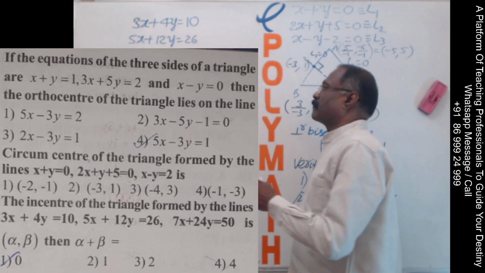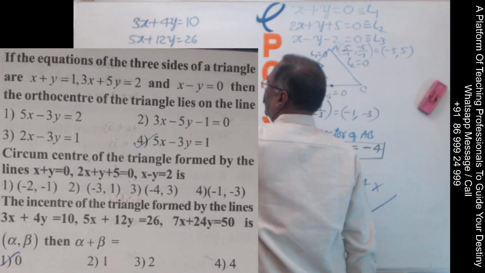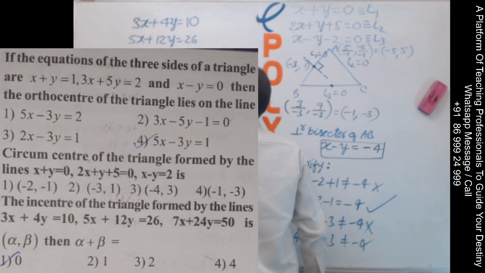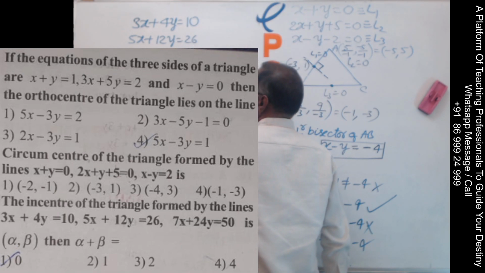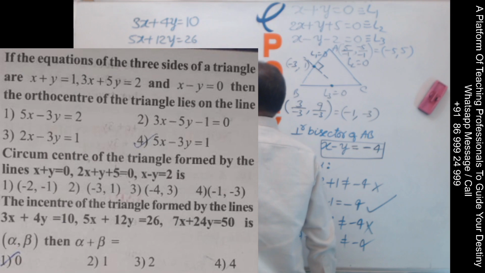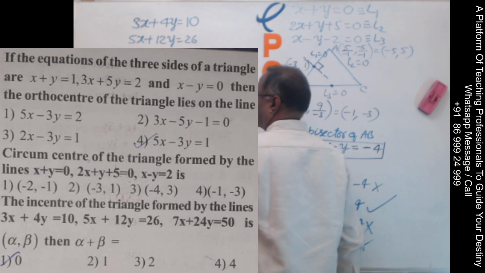Just see this carefully. If there is a triangle, I'll make it like this. This is the triangle and this is the incircle.